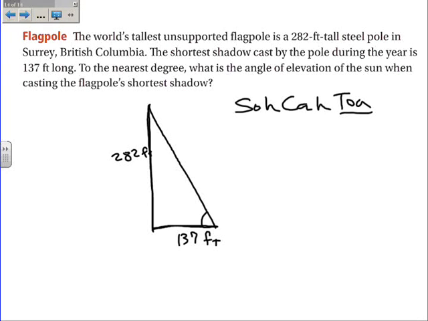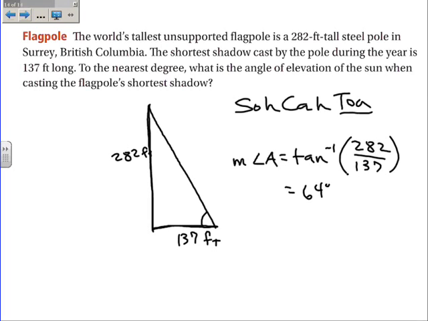So the measure of angle A, I'll call it, is equal to the inverse tangent, because I know the ratio, and the tangent ratio is the opposite, 282, divided by the adjacent, 137. So the inverse tangent of 282 over 137 is 64 degrees approximately. So that angle of elevation must be 64 degrees.